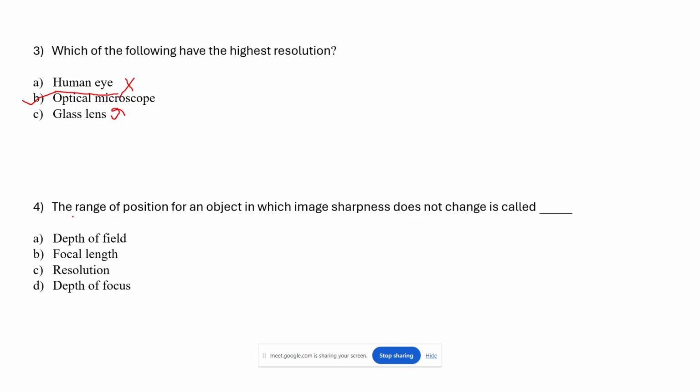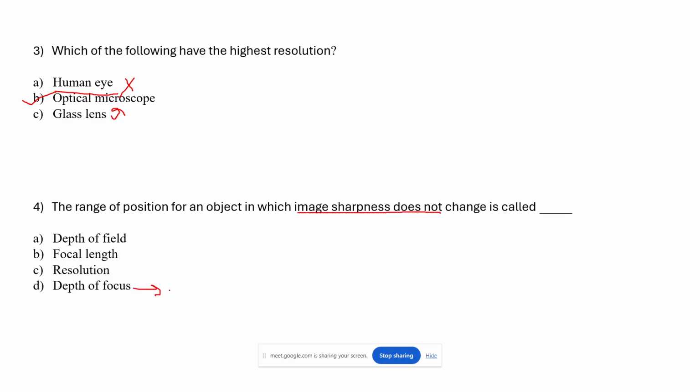The fourth one is the range of position of an object in which the image sharpness does not change. So just look at this, where they are saying that image sharpness does not change. As we discussed in our slide, that will be related to the depth of field, and depth of focus is related to the object.